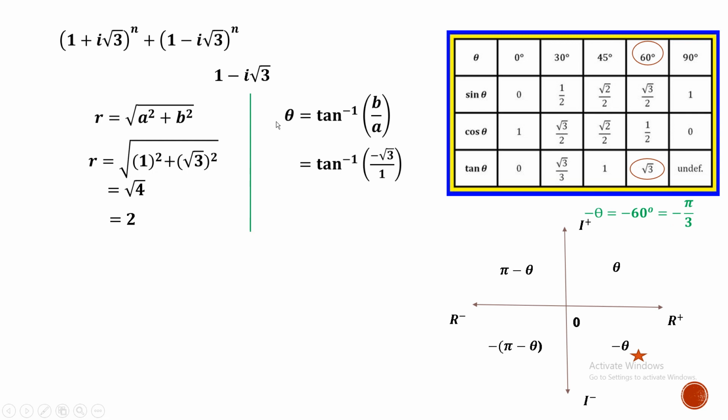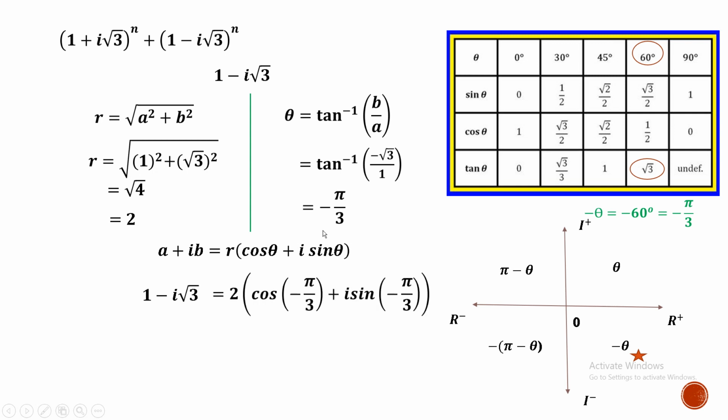Let us convert this 1 minus i root 3 into its polar form. So 1 minus i root 3 will be equal to 2 into cos of minus pi by 3 plus i into sine of minus pi by 3. Cos of minus theta is nothing but cos theta, and sine of minus theta is nothing but minus sine theta.